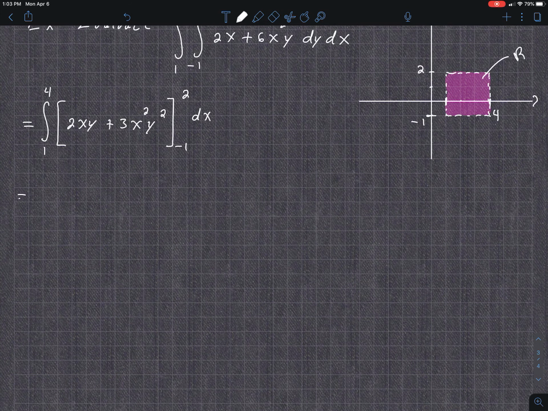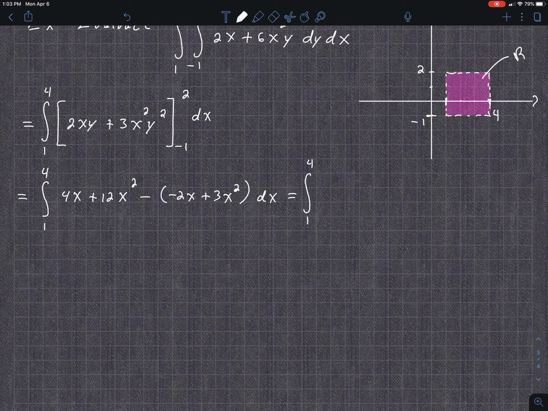So what you get then, and it'll be a little longer, so I'll bring it down here, is equal to the integral from 1 to 4. Let's substitute in the values, and you get 4x plus 12x squared minus, and then substitute in negative 2x plus 3x squared, dx. Okay, and you keep going.